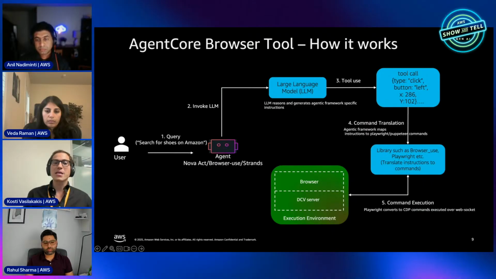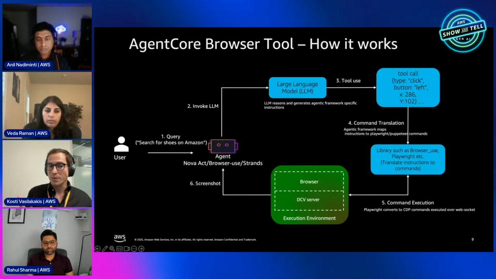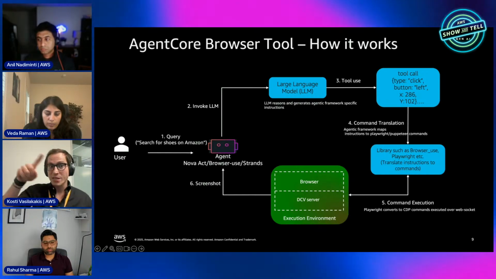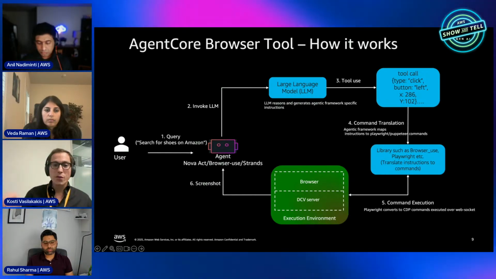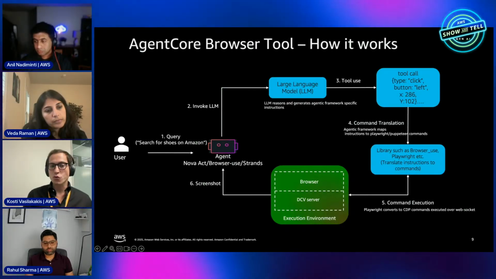That browser executes the command, takes a screenshot, and sends it back to the agent, which uses, for example, an LLM to process that screenshot and decide on the right next step. So it goes through a continuous feedback loop to achieve the goal of purchasing, for example, shoes on Amazon.com.